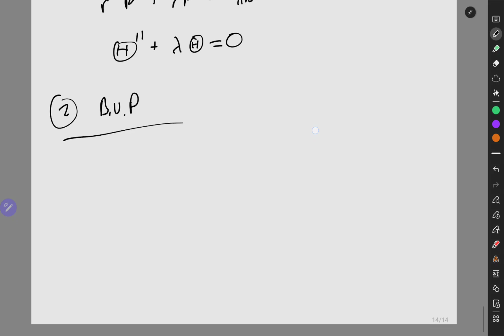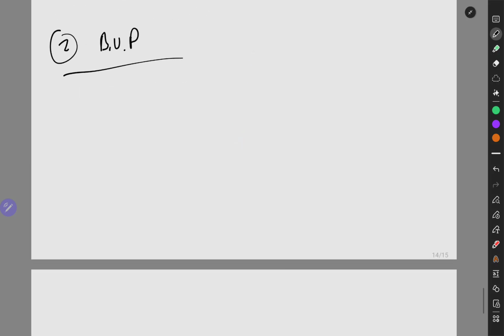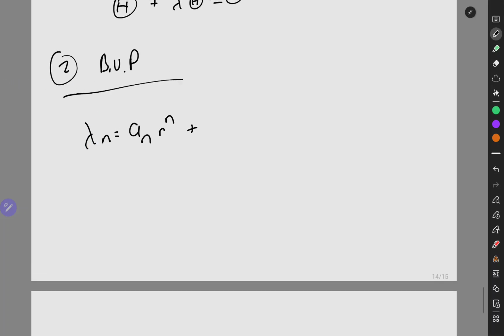So what we found from example 1, go back and watch it, that R sub n was C sub n R to the n plus C sub n, well, hold on. Why do I have that written there? That should be lambda sub n. Sorry. C to the n. Wait a minute. Okay, forget that. I don't know what I was doing there. We have 2.